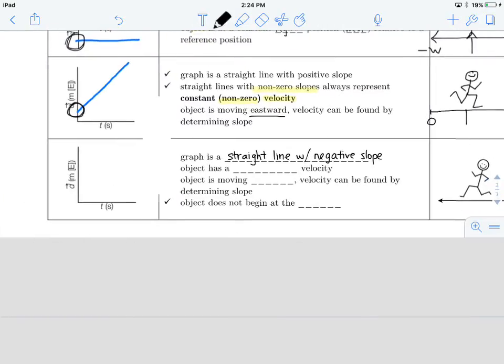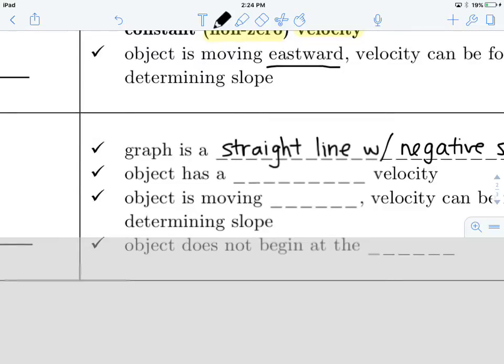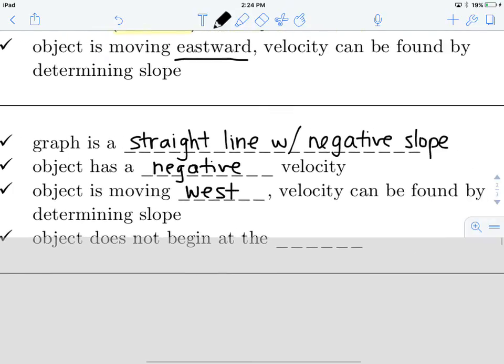So instead of a positive slope, we get a negative slope. What that means is that this has a negative velocity. Negative slope means negative velocity. And with our convention, that means the object is moving west, or westward.